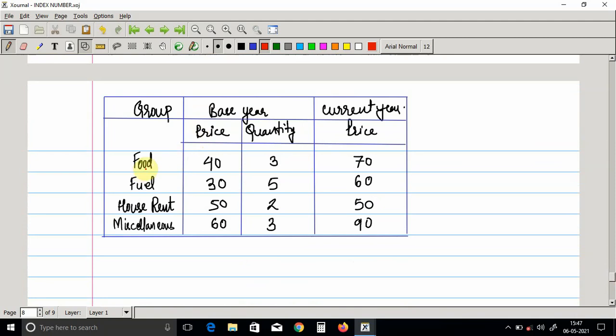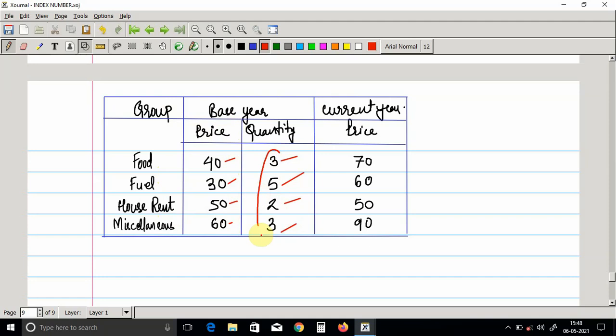So there's a table: food, fuel, house rent and miscellaneous. The price for the base year is 40, 30, 50, 60, and the quantity for the base year is 3, 5, 2, 3.